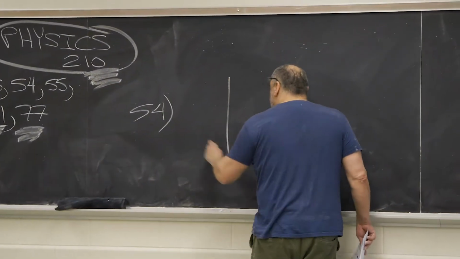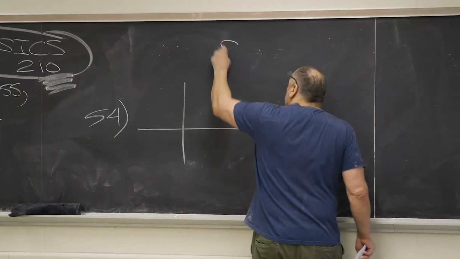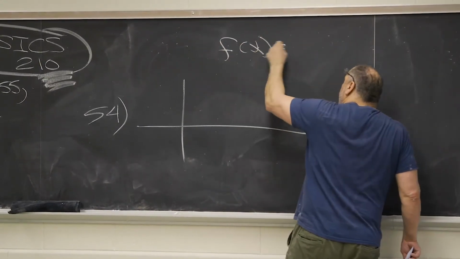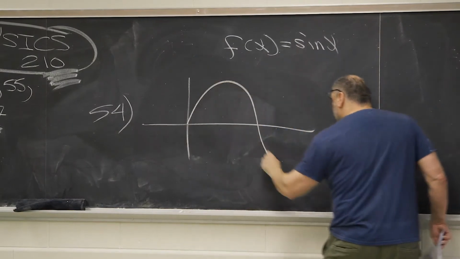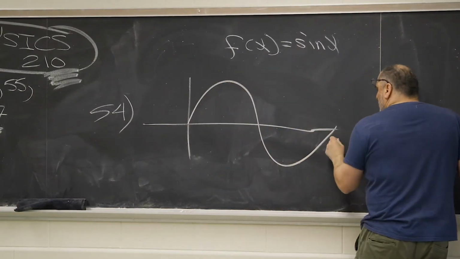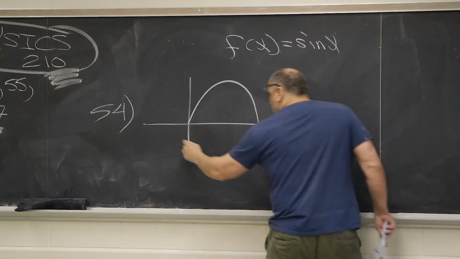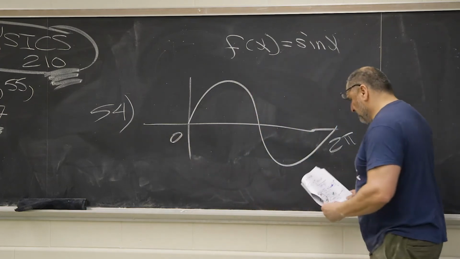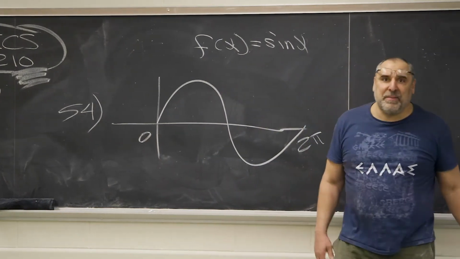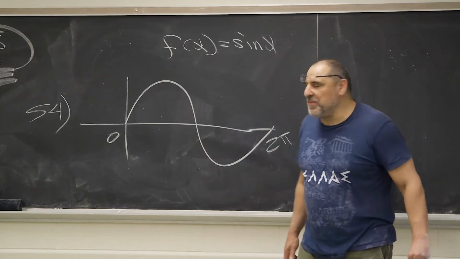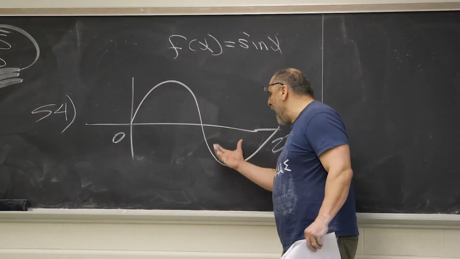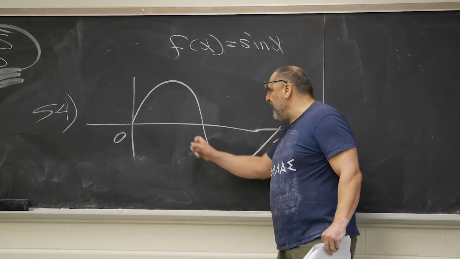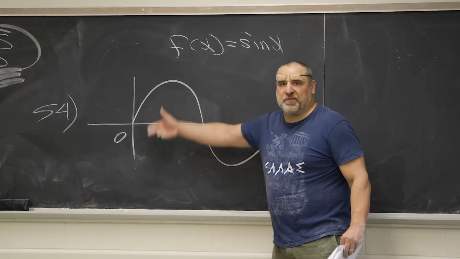If you're gonna say the sine function is the f of x, it's looking like this. This is 2 pi, this is 0, and maybe it is obvious. Some things are obvious. This amount of water that can be held here is the same amount of water that can be held here if it was flipped upside down.